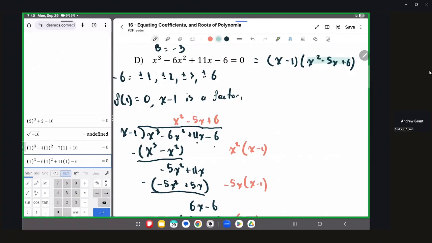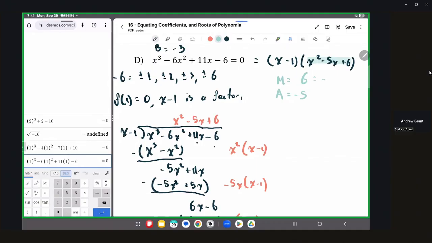We need to now ask ourselves the question, what two numbers add to give you negative 5, but multiply to give you positive 6? So again, given x squared minus 5x plus 6, what two numbers multiply to give you 6? What two numbers add to give you negative 5?